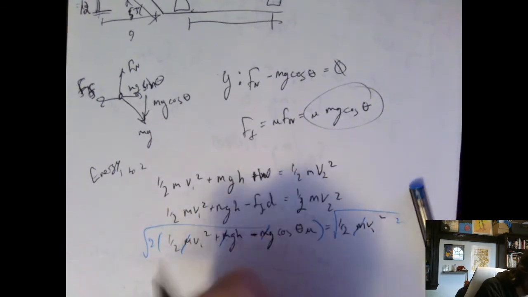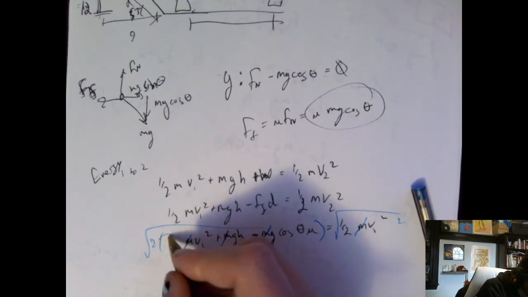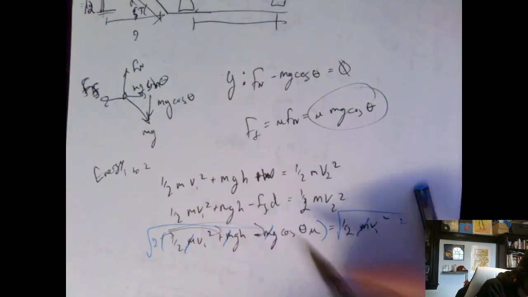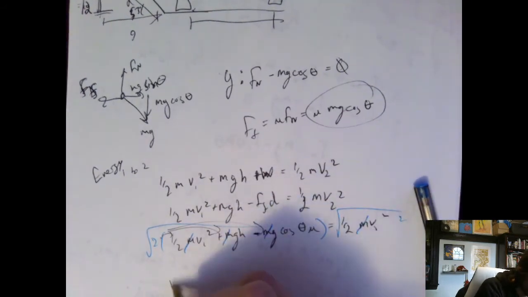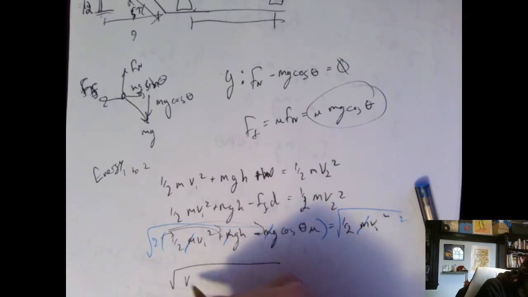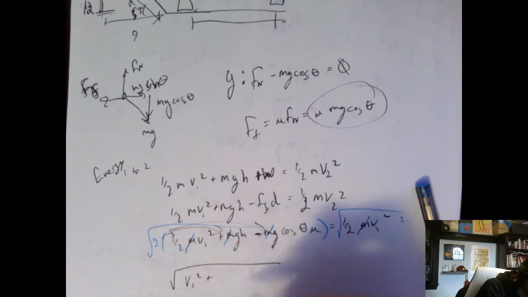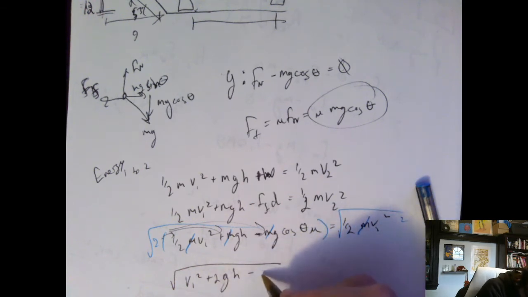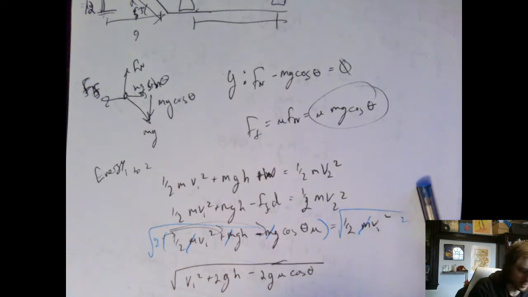And once again, we're done. So distributing out the 2, we'll get square root of v1 squared plus 2gh minus 2g mu cosine theta.